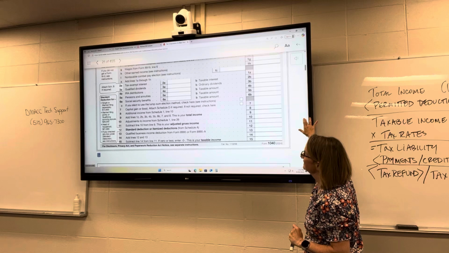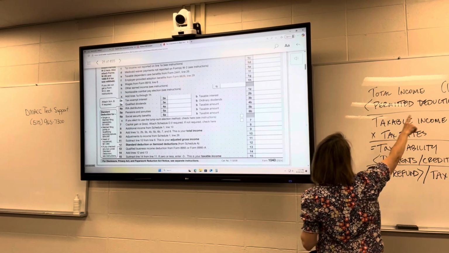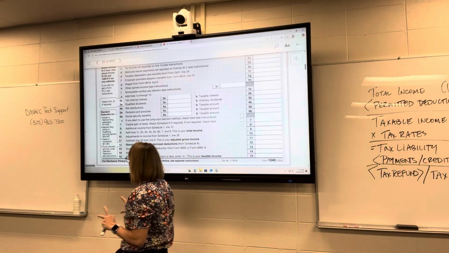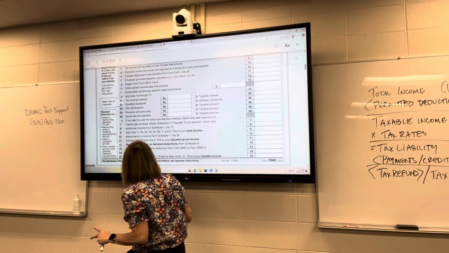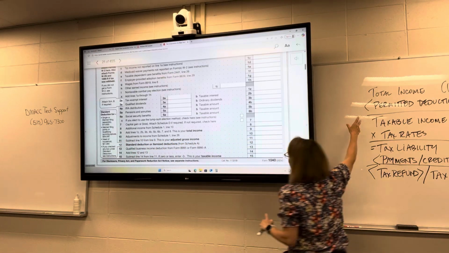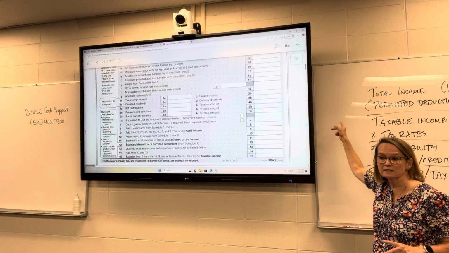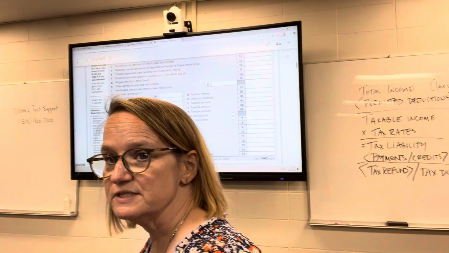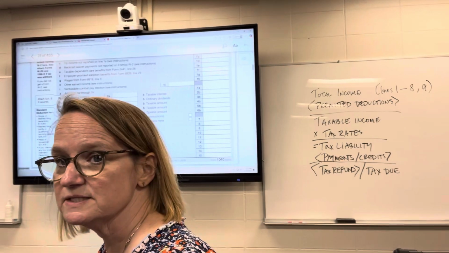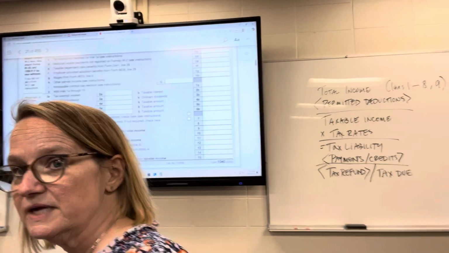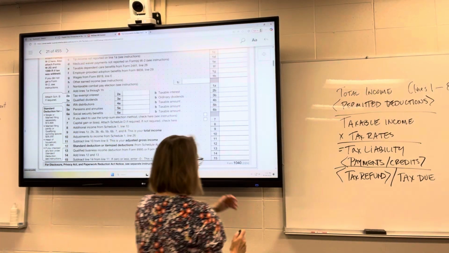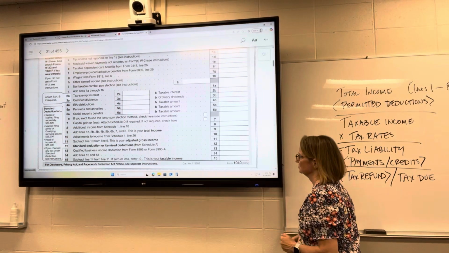Then we start getting into some deductions, permitted deductions. This is where I said we've got a couple different types of deductions. Even though our simplified formula doesn't really show the different types of deductions yet, when we get to the more complex, more advanced formula, it will show them.